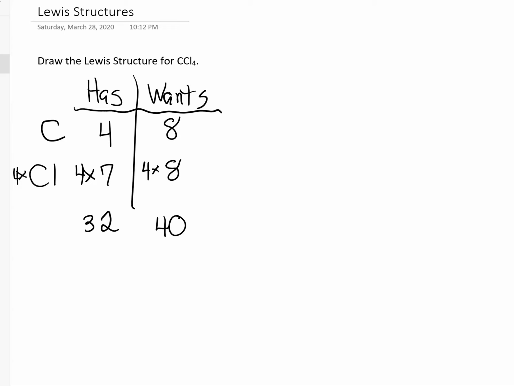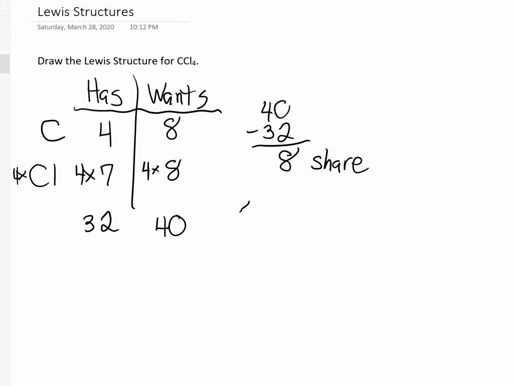So what can we use with this? Knowing how many electrons we have versus how many we want to have allows us to figure out how many bonds we need. The number of bonds we need is simply 40 minus 32, 8. We have to share 8 electrons.